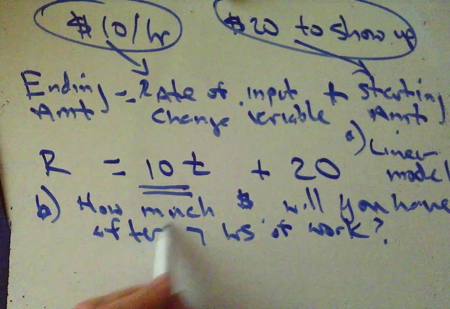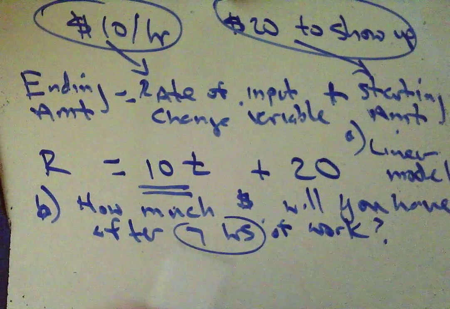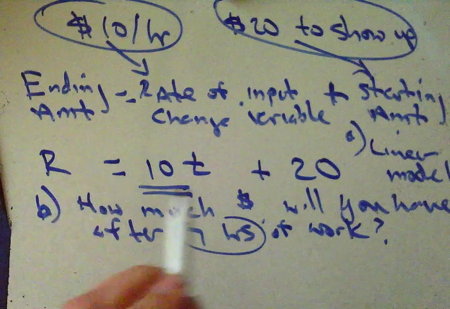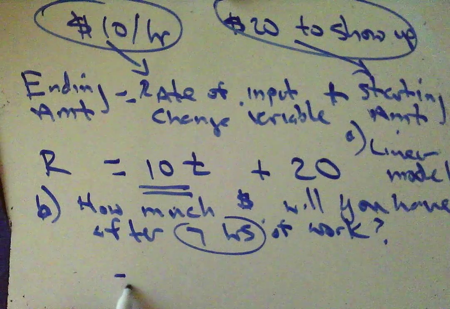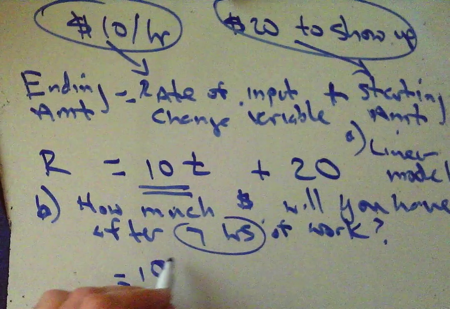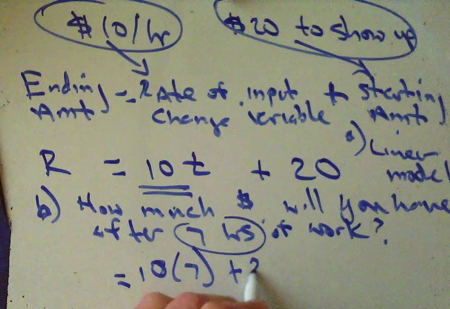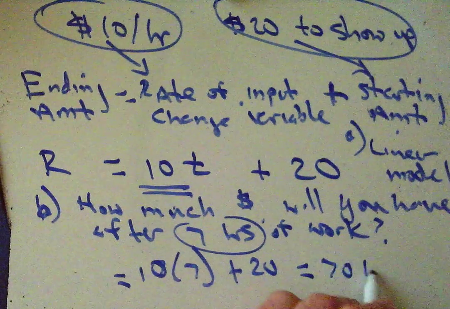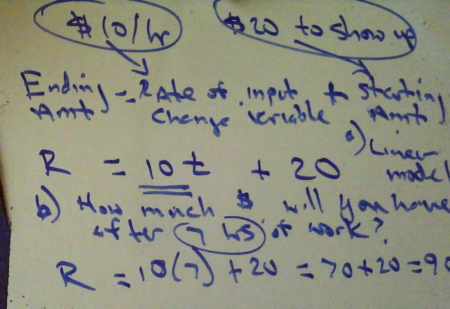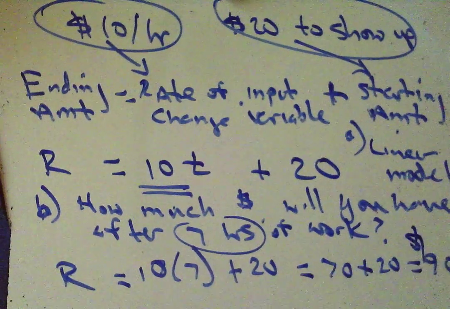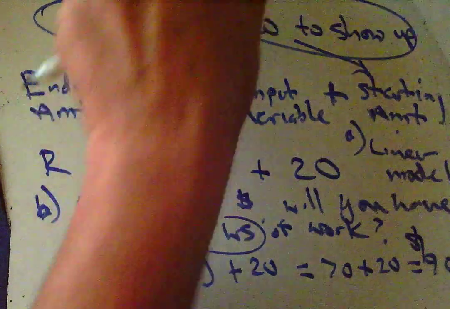Well, this 7 hours is a time. Does it go in over here or does it go in here? Well, this is a time, so it goes in for time. So we've got 10 times 7 plus 20, which is 70 plus 20, or 90. Here's our revenue. We make $90 if we work 7 hours with this job.